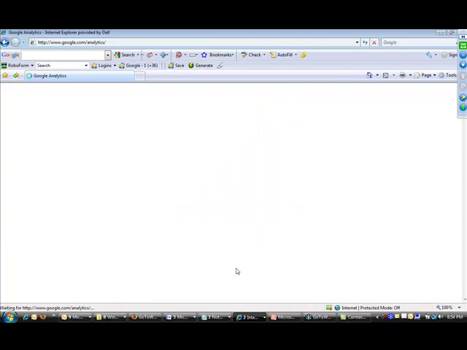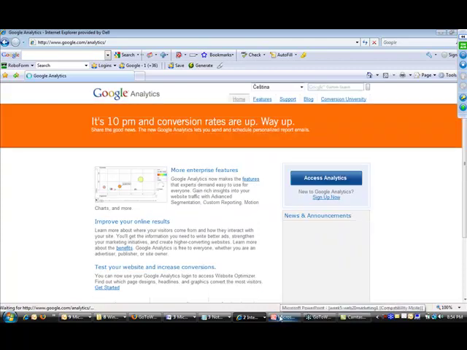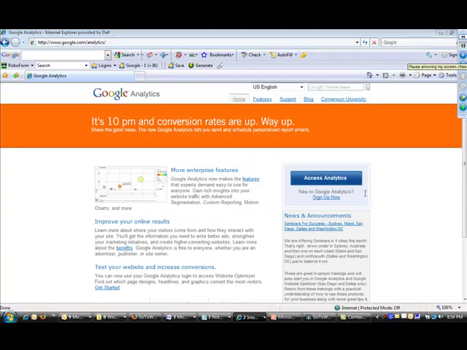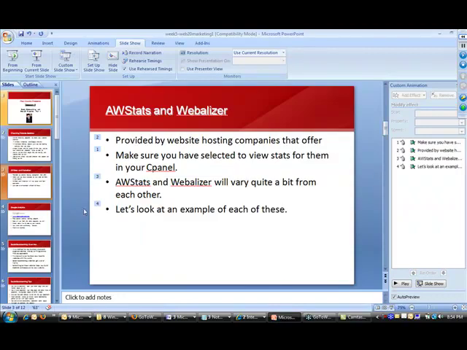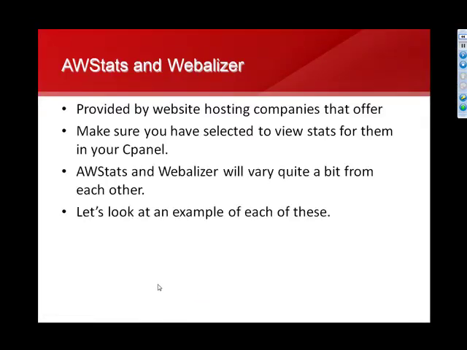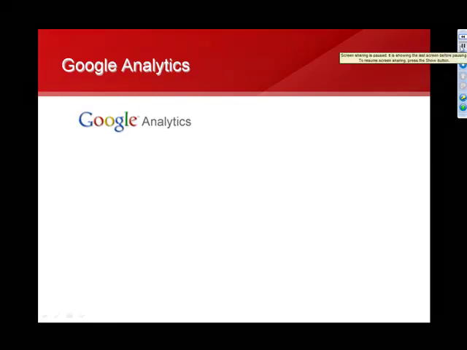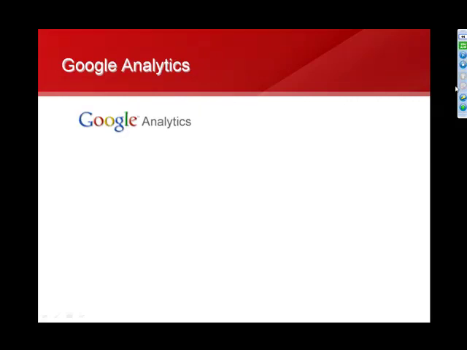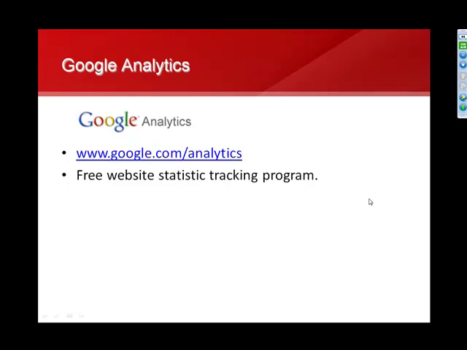So it's just google.com/analytics, but in the meantime let's jump over to the presentation here. So we're back here in the presentation, and this is the URL again, google.com/analytics, and this is a free website statistic tracking program that you can use with any site.